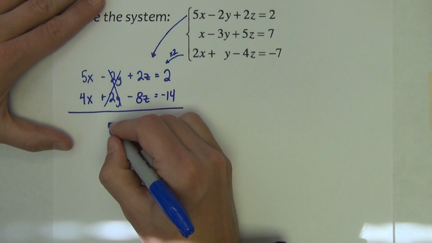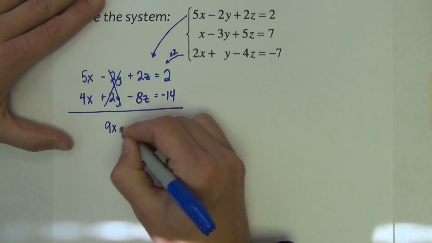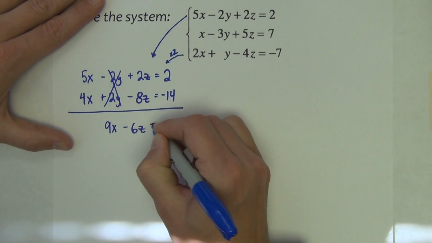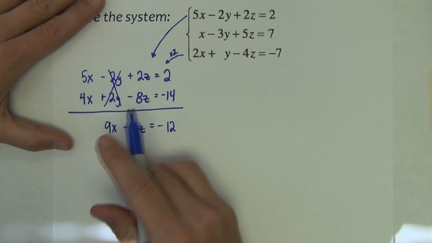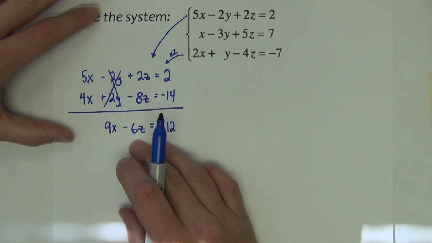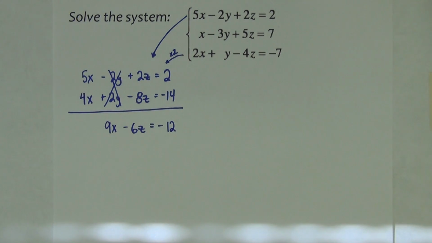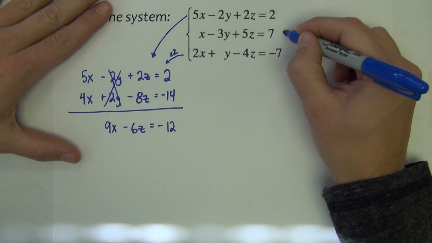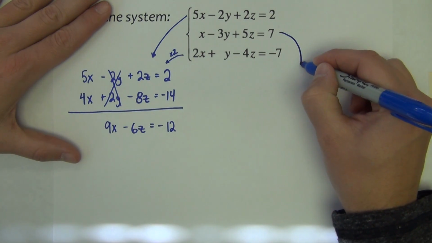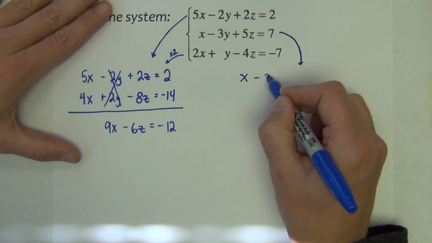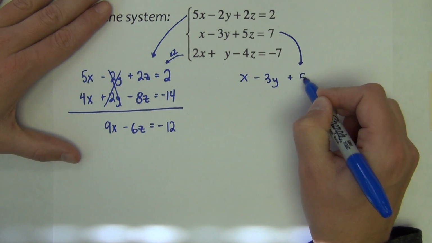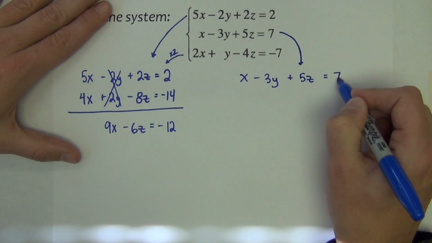So we have now 9x minus 6z equals negative 12. And we're going to just pause on that for right now. So I've canceled out the y's once. I need to cancel out the y's again, a second time. So I'm going to take x minus 3y plus 5z equals 7.